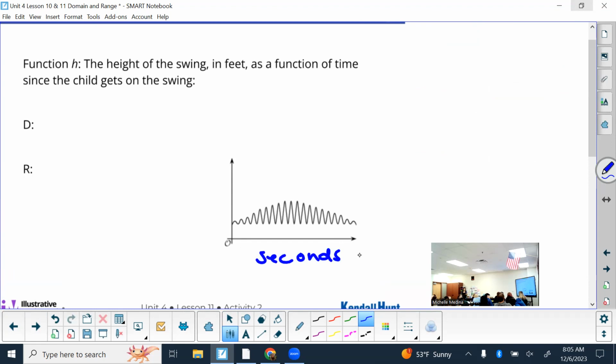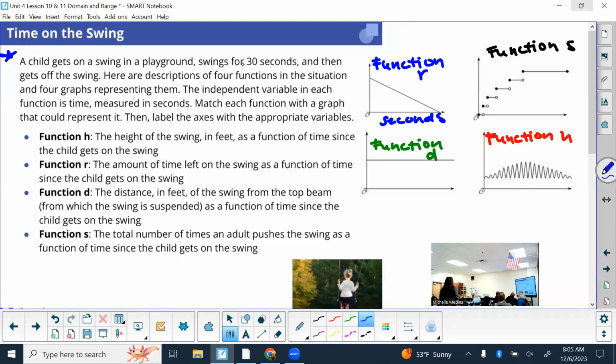So if you want to kind of do that for all of them, you can. And domain refers to all the what of a function. So what are my possible x's for this? Where does it start at, my x's? And where does it end at? When we reread the description, which is on your paper, 30 seconds.